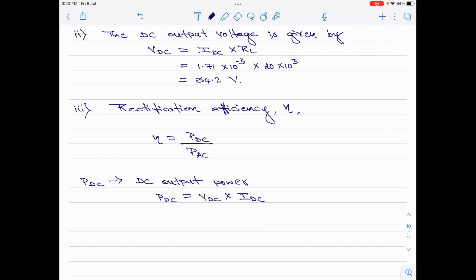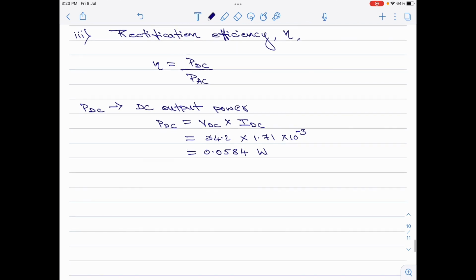We have previously computed VDC, which is 34.2 volts, multiplied by IDC, which is 1.71 milliamperes. So, the value of DC output power is 0.0584 watts.